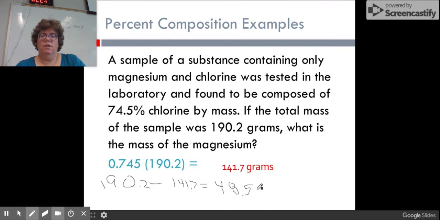Do it with your calculator. See how close I am. So 48.5 grams of this sample is magnesium because 141.7 grams of it is the chlorine.